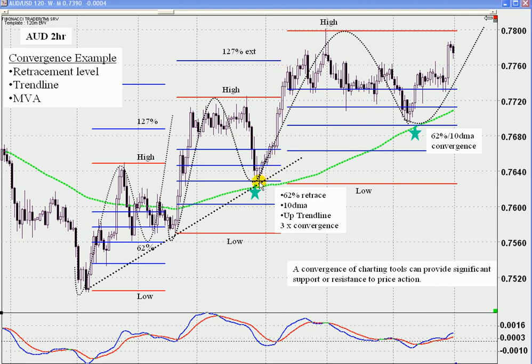On the next swing, from this low to this high, price retraces 38, 50, 62%, 10-day moving average, and then moves into a rally scenario.